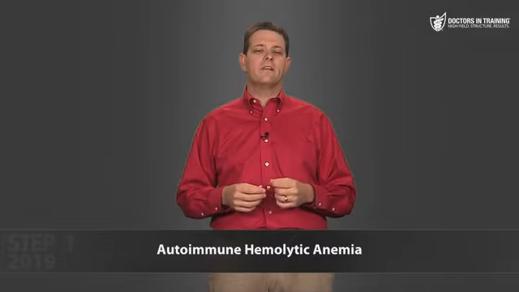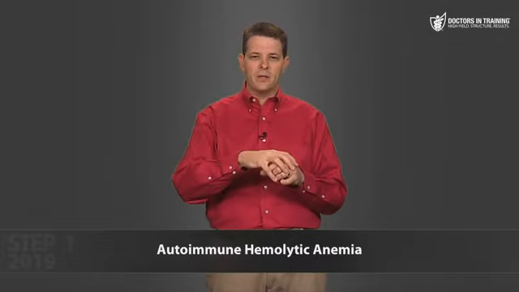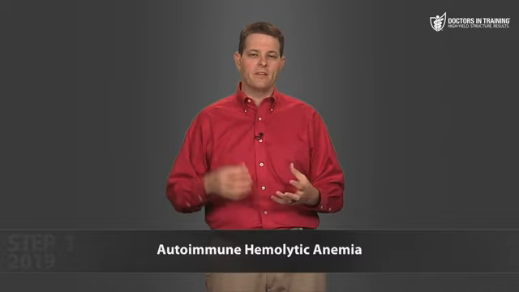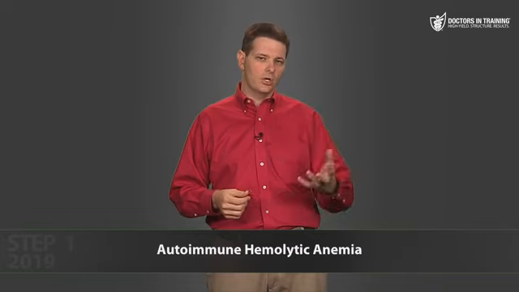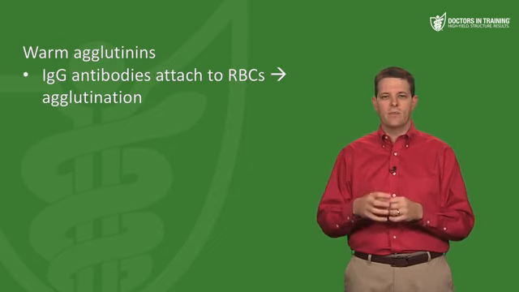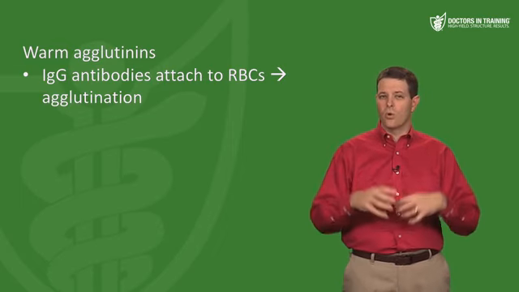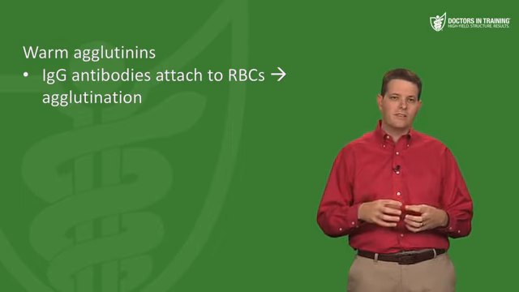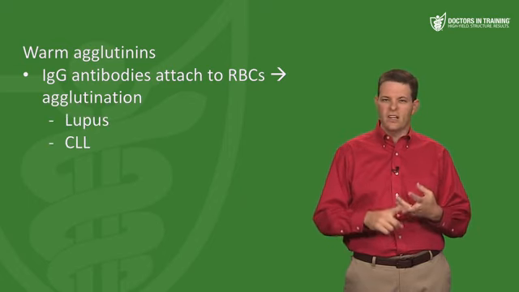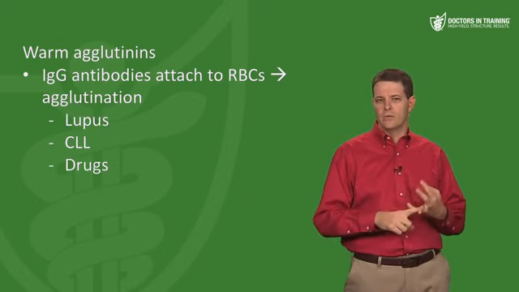Then finally, we're ready to discuss autoimmune hemolytic anemia, which means that autoantibodies are binding to the red cells and causing cell lysis. So we divide these autoantibodies into warm agglutinins and cold agglutinins. Warm agglutinins are IgG antibodies that attach to the red cells and cause them to clump together, or agglutinate. Now you can see this with lots of different diseases like lupus and CLL, and lots of different drugs will induce warm agglutinins.